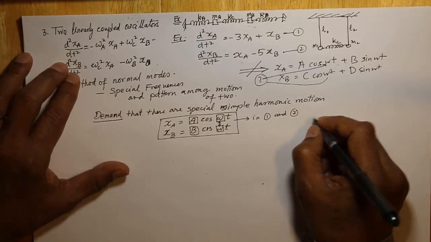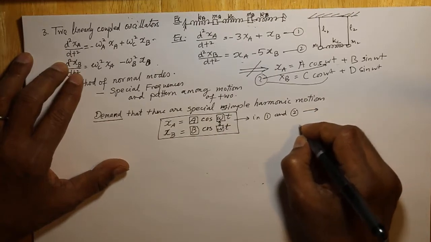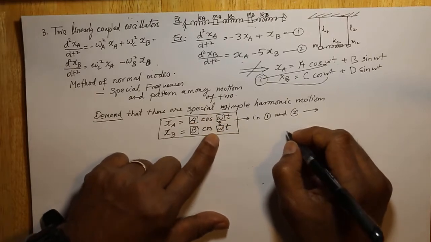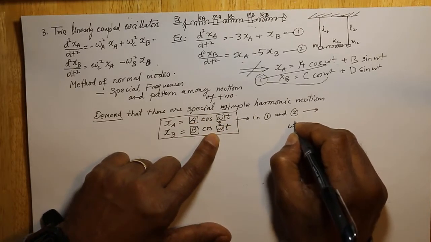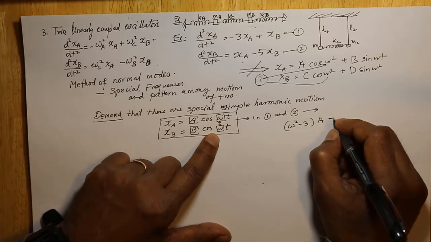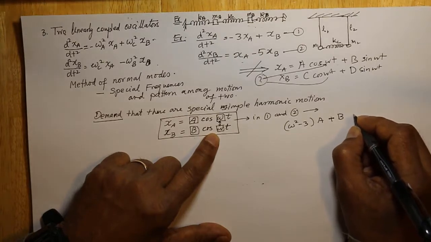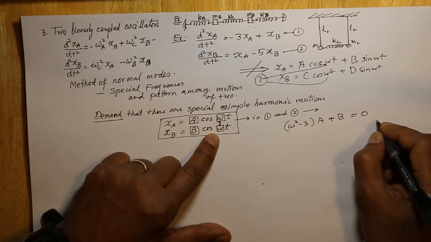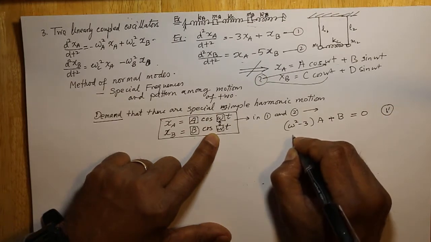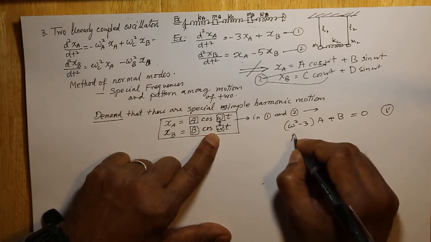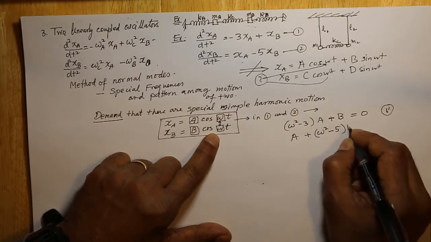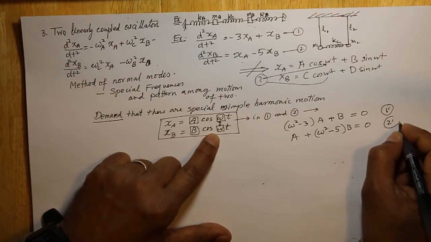and we discover that it is possible, as long as A and B and omega satisfy this: (omega squared minus 3)A plus B equal to 0. So this is 1 prime, and another one is A plus (omega squared minus 5)B equal to 0, 2 prime, right?